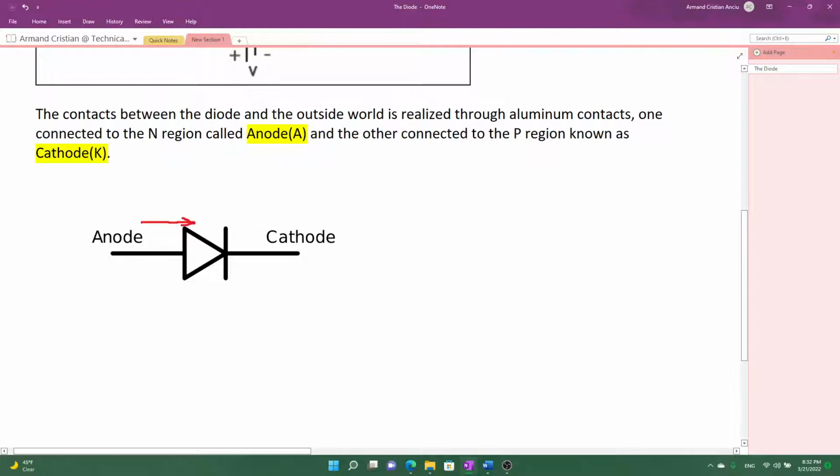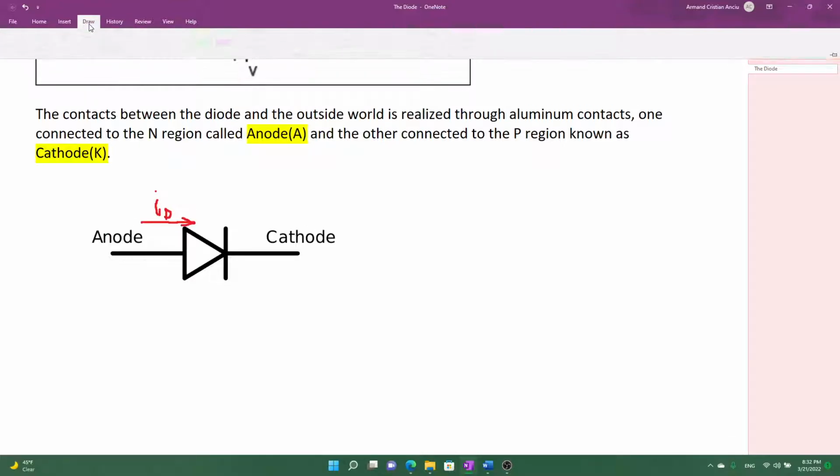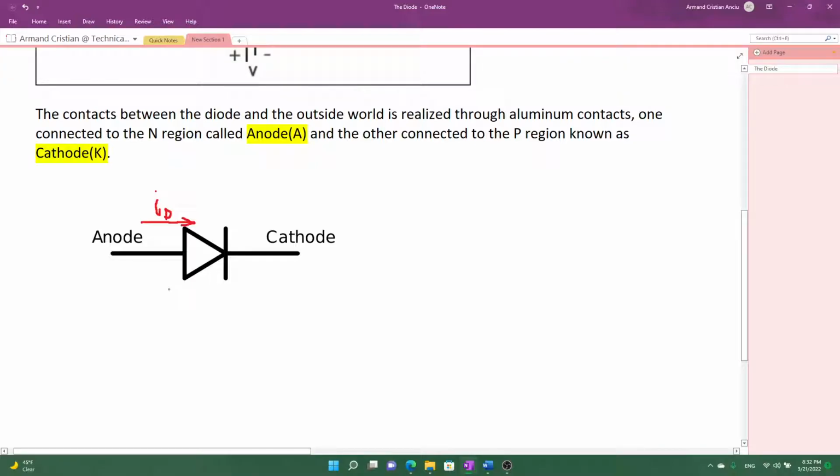This little bar shows us the direction of the forward current flow. So the current across the diode goes from anode to cathode. And it's the same with the voltage, because wherever we have a current, we also have a voltage. The voltage drop across the diode, vD, is marked like this. And again, the voltage is from anode to cathode.